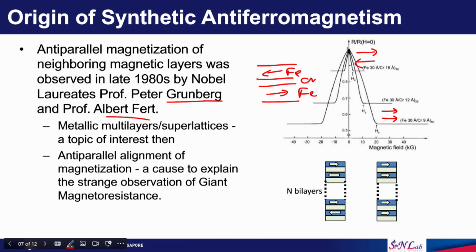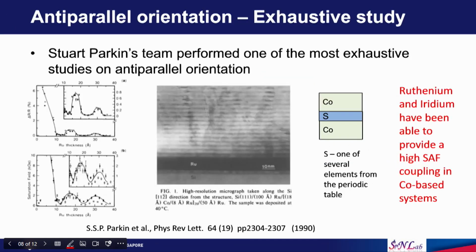Okay, so this we have already seen. After this study was reported, this scientist called Stuart Parkin did a very systematic study of inserting various spacer layers between two cobalt layers. If you look at this paper, you will see that he has used around 40 spacer layers.